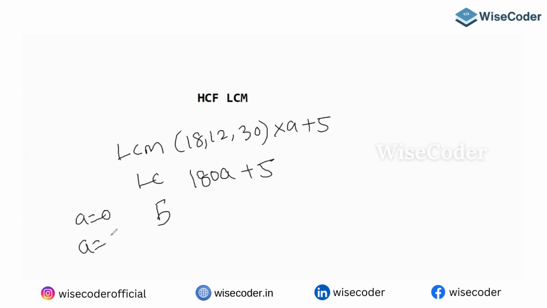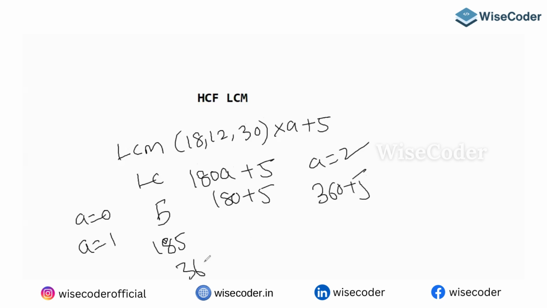When a equals 1, it is 180 plus 5, which gives 185. When a equals 2, 2 times 180 is 360, plus 5 is 365. That's how you can get your answer.